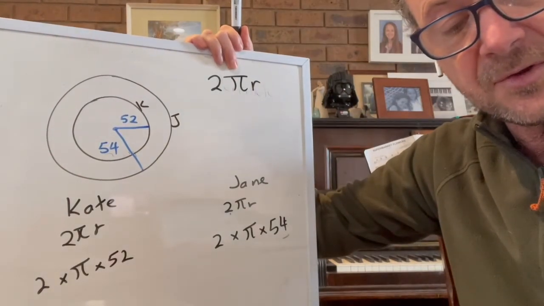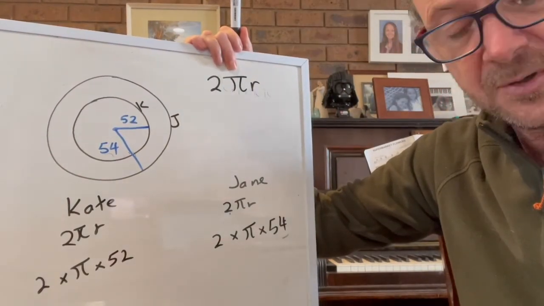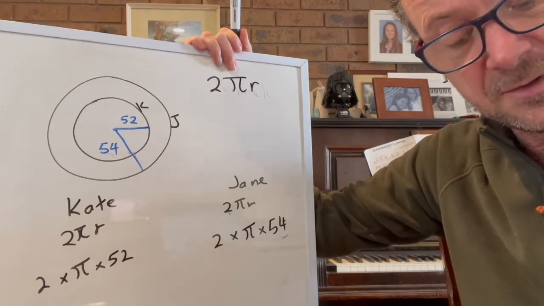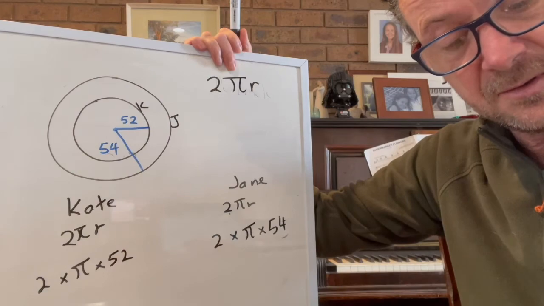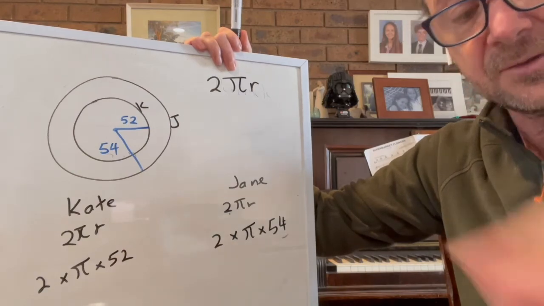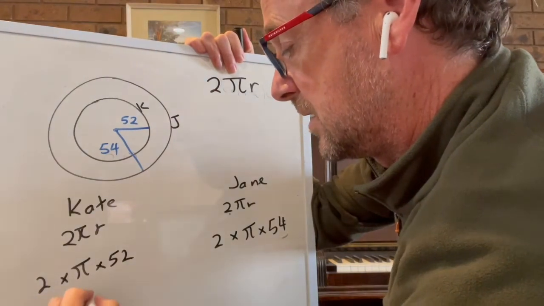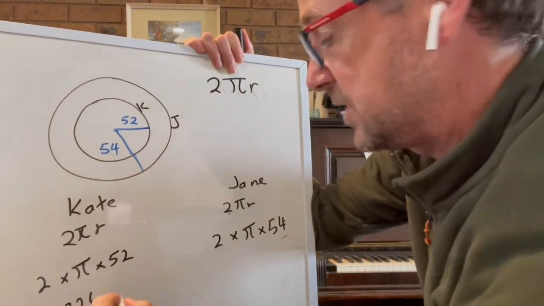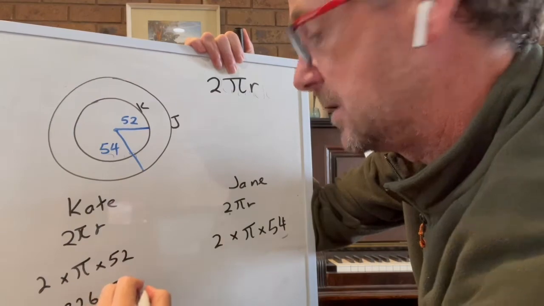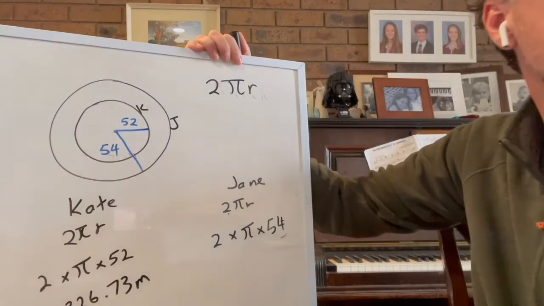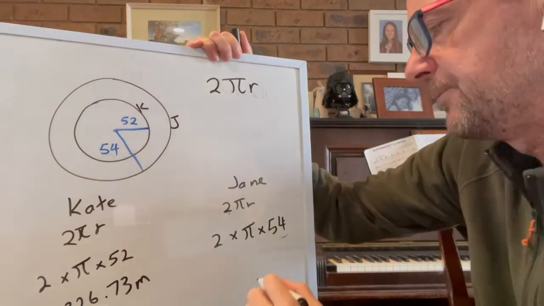Okay, so pi multiplied by 2 times 52 equals 326.73 meters, because they're running around a track, so of course it's going to be meters, even though it's not indicated on my diagram.